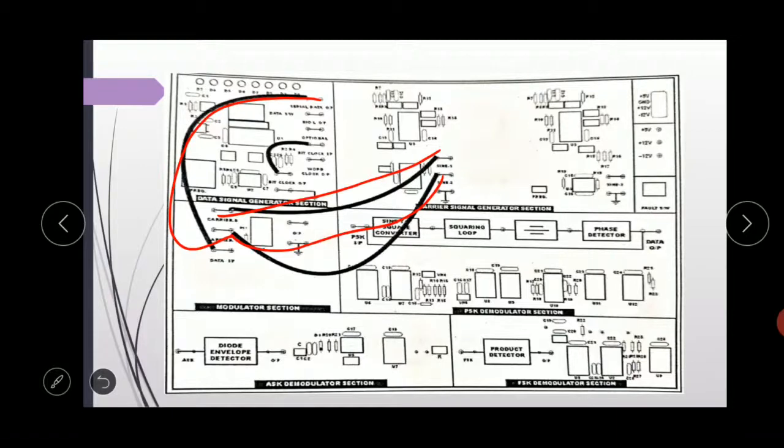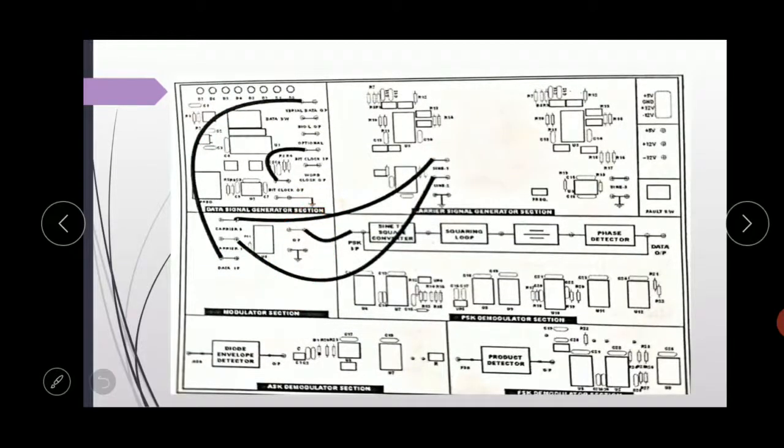Whenever 1 is transmitted, at the output we get the carrier signal without any phase shift, and whenever 0 is transmitted, we get the carrier signal with 180 degree phase shift. According to that, at the output we get our modulated signal.